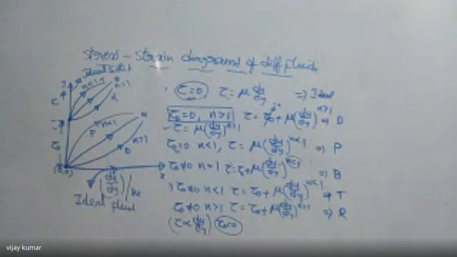When one fluid particle passes over another adjacent fluid particle, there must be a variation of velocity between the two fluid particles. Then there exists a force, which is nothing but shear force. The shear force is directly proportional to variation of velocity. We can write Newton's law of viscosity, then classify the fluids as Newtonian and non-Newtonian, and draw the stress strain diagrams. Okay, I hope you understood this.